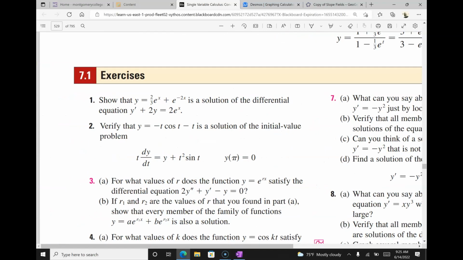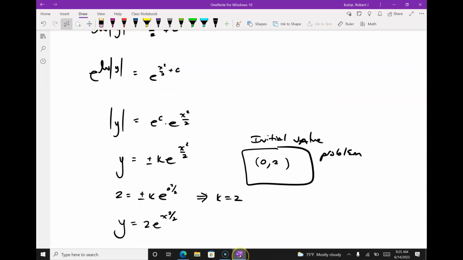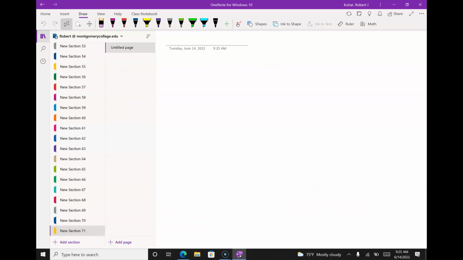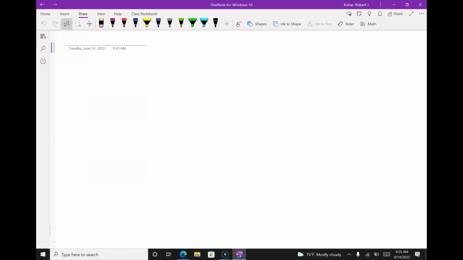So number 2. Most of this stuff that we're doing is for modeling, and so that T is standing for time. What's the bacteria population with respect to time? Yeah, I agree with you, though. It's annoying.